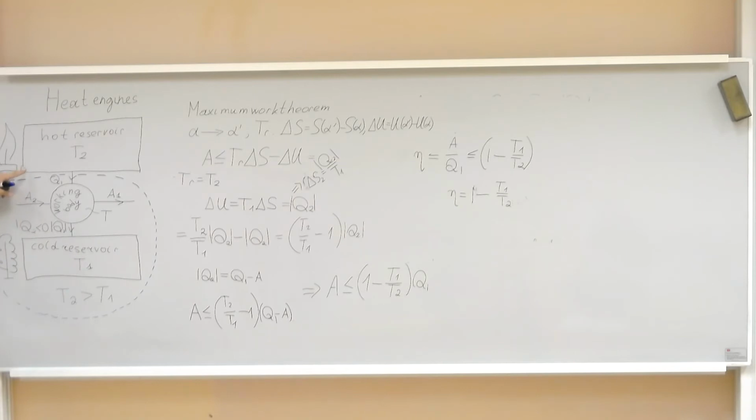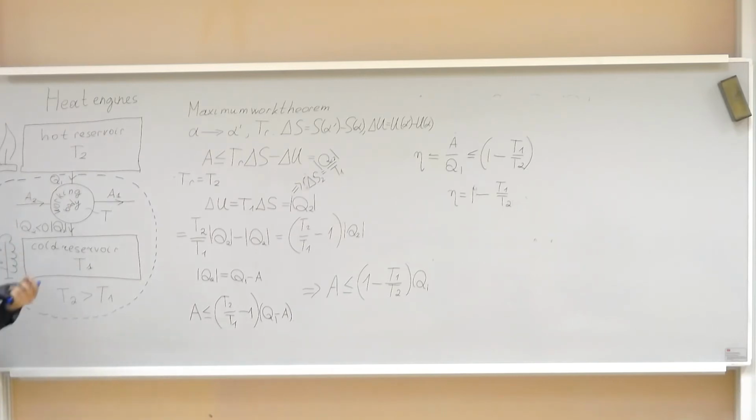So when it has contact with the hot reservoir, its state should be changed isothermally. In all the other processes, if it has a temperature different from these two, because it can jump in temperature, it should follow an adiabatic process.